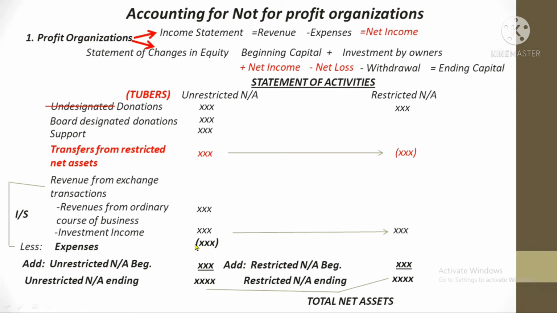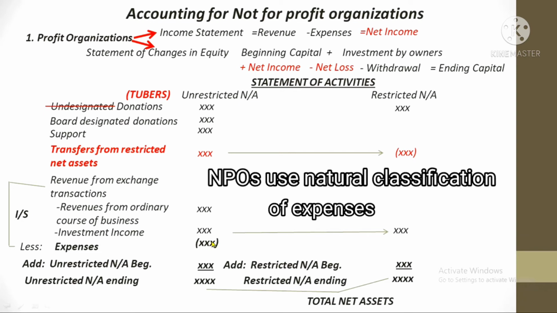Or if the expenses are incurred due to the production of goods, they will be capitalized first to inventory but will be deducted as cost of sales after it will be sold. So, that's the classification of expenses by nature, and I am assuming that you already know that. Such classification by nature is still used here in the not-for-profit organizations accounting.